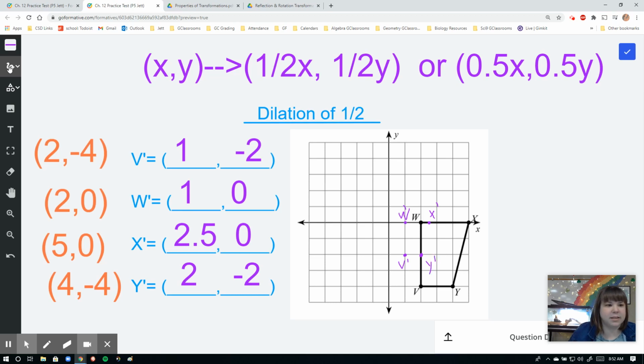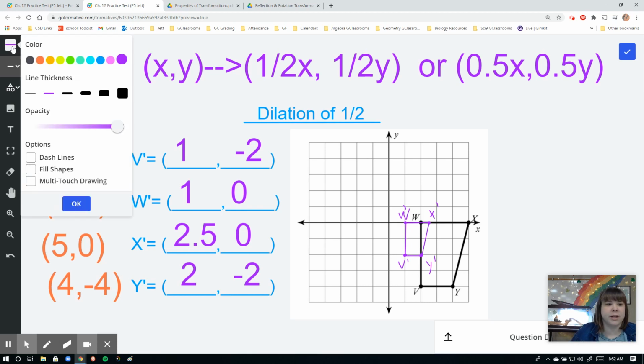And then we need to connect the dots, connect the vertices. So our line's going to go there, and then to there, and then to there, and then to there. I know the directions say to shade in your box. You could also do that by using a highlight tool on GoFormative. So pick a color and then lower your opacity, which means it'll be see-through.